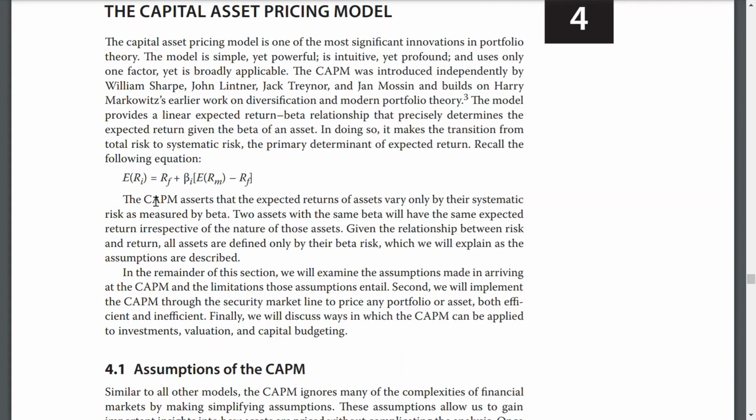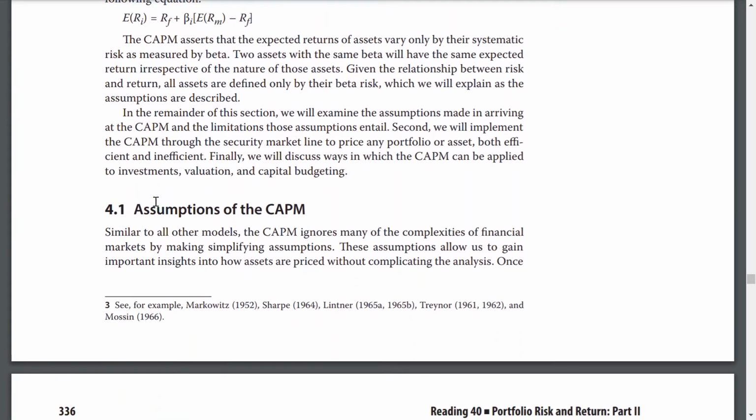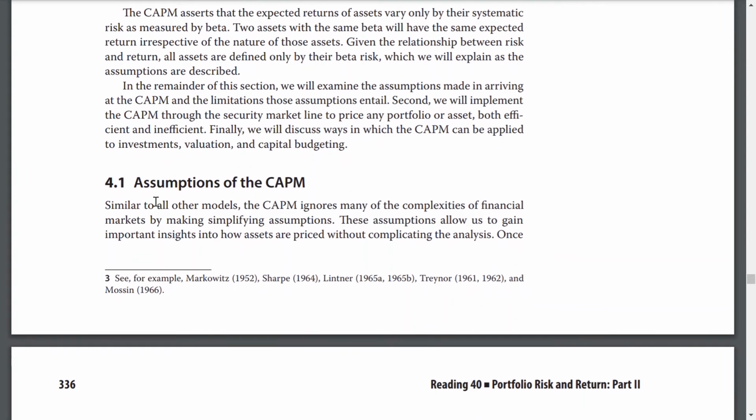Recall the following equation. The CAPM asserts that the expected returns of assets vary only by their systematic risk as measured by beta. Two assets with the same beta will have the same expected return irrespective of the nature of those assets.